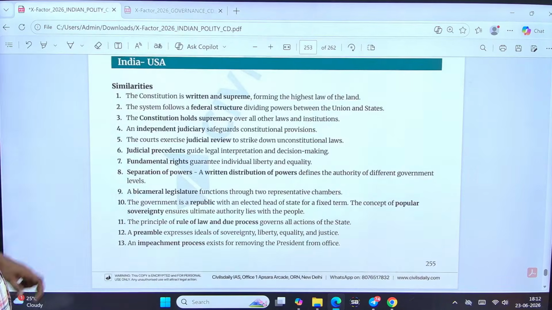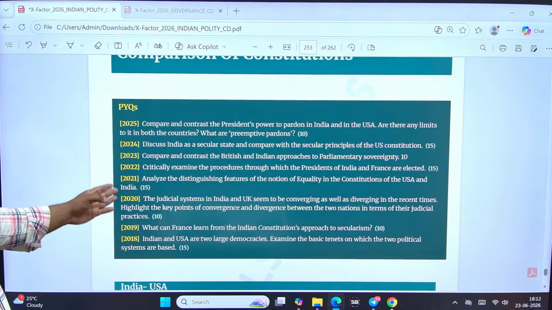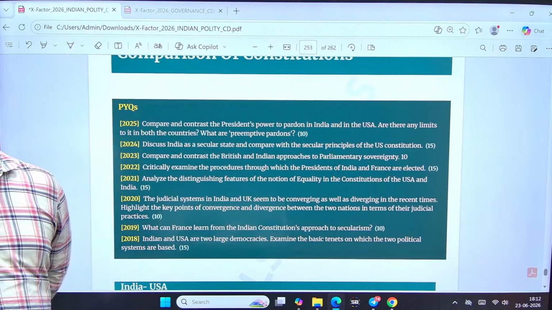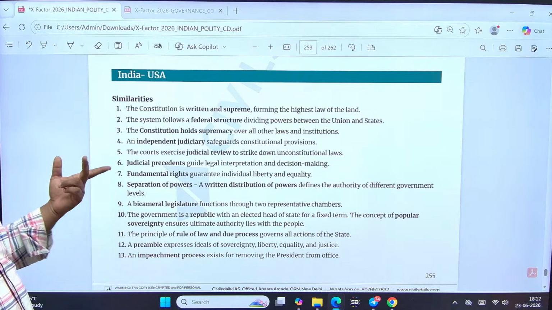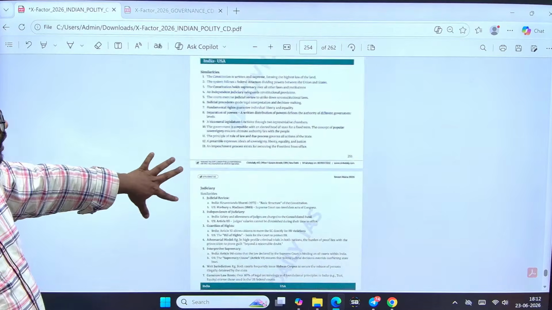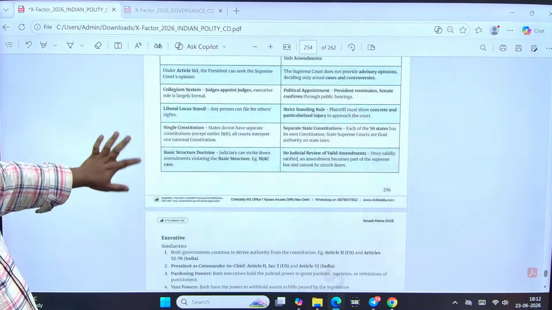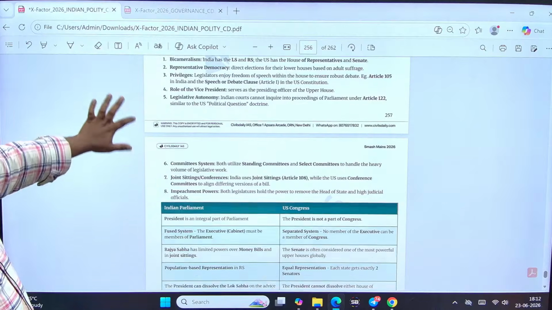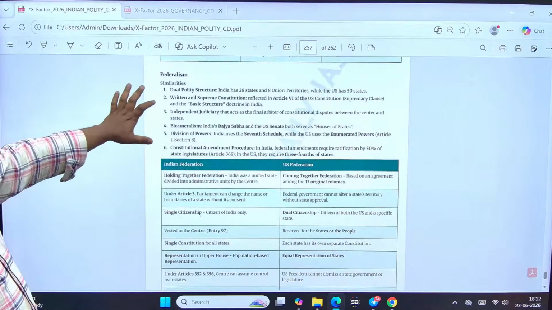Again, if a question comes, it will come from this, because every year you are going to get a question. 18, 19, 20, 21, 22, 23, 24, 25. Each and every year you have one question. Okay, so this topic too. And mainly if you look at India, US, UK, France, for all of them we have given it in less than 10 pages. Okay, so you have India-US similarities first, then comparison of judiciary, comparison of executive, similarities, differences, comparison of legislature, similarities, differences. Okay, then comparison of secularism, similarly comparison of federalism.